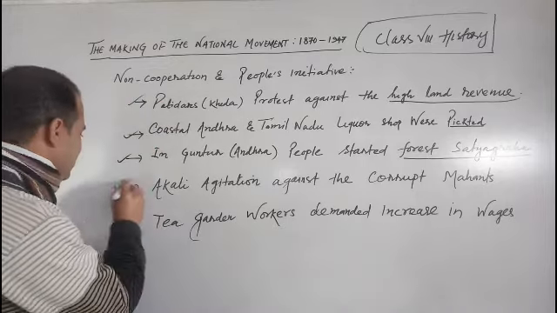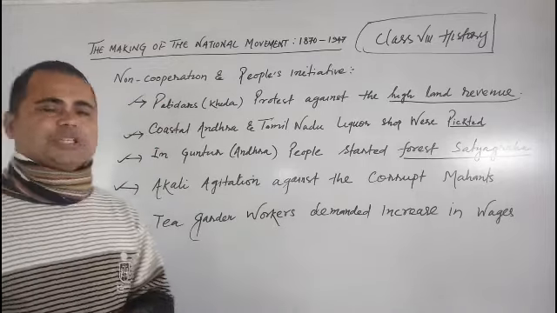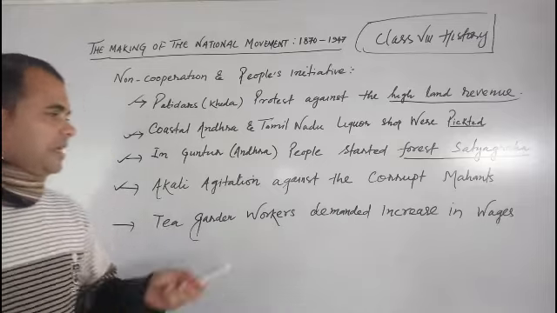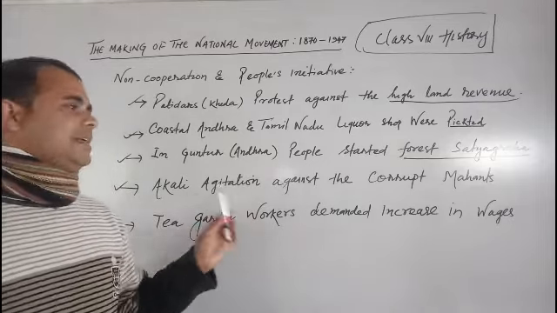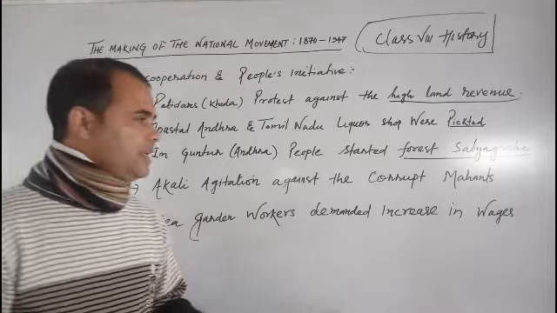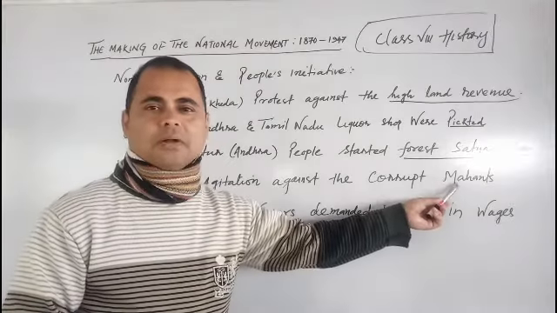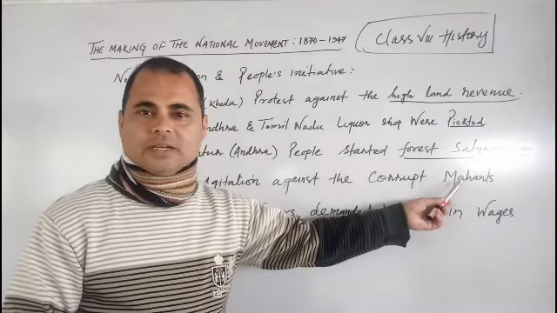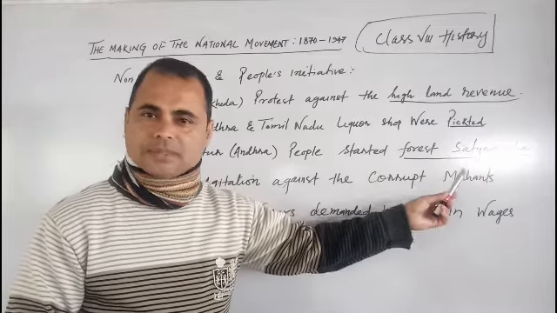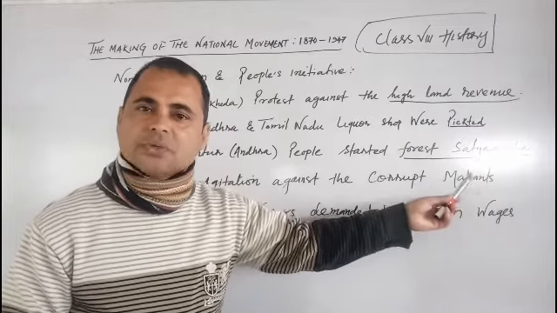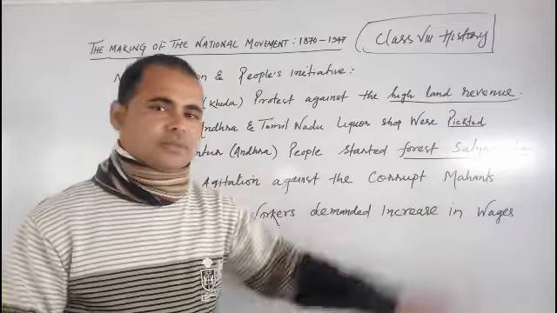If you see the Akali agitation in Punjab, most of the Akali agitation, what we see, most of the Mahants, now who are called Mahants? Mahants are the religious preachers of the Sikhs. Okay, the religious gurus of the Sikhs are called Mahants.